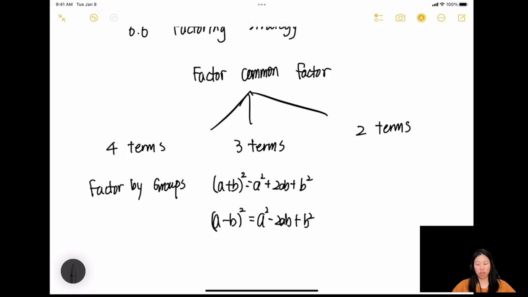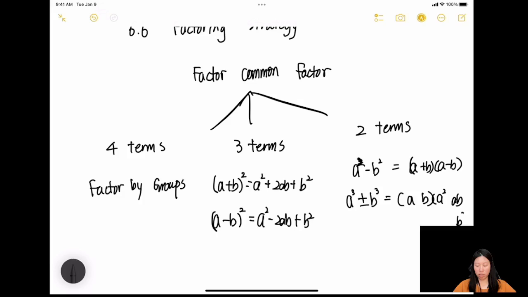The difference of squares, which is a squared minus b squared, which is a plus b times a minus b, or the cubic.